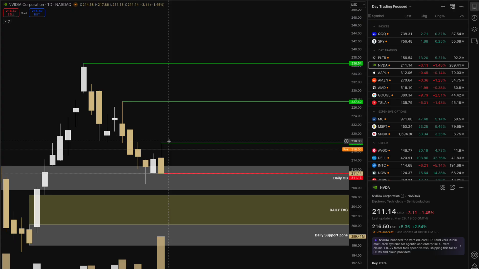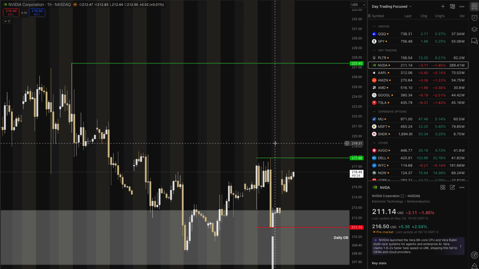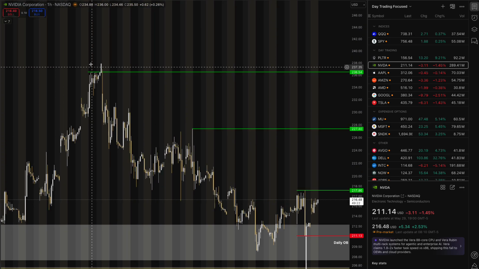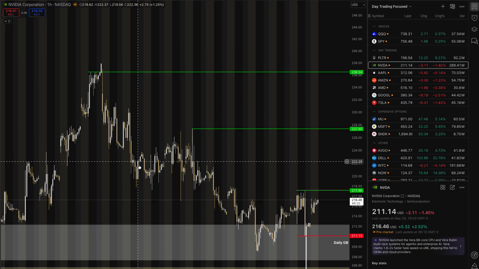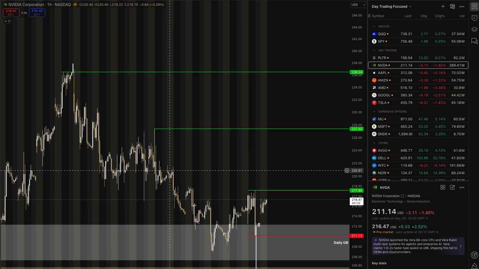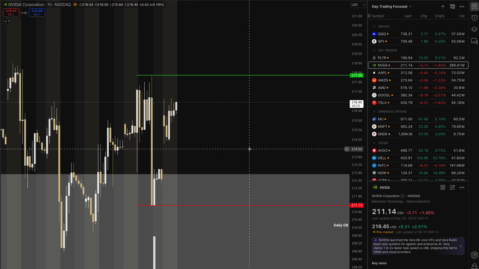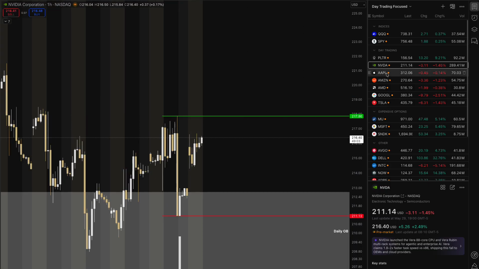So if price breaks yesterday's previous day high, retests and moves forward, then it's gonna go towards here. On the 1 hour, from here we made this low, another swing high, lower high, and then we broke down again. So now the price is gonna go back towards the upside. This is what I will be watching for Nvidia.